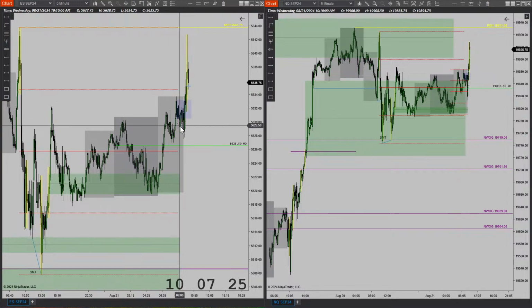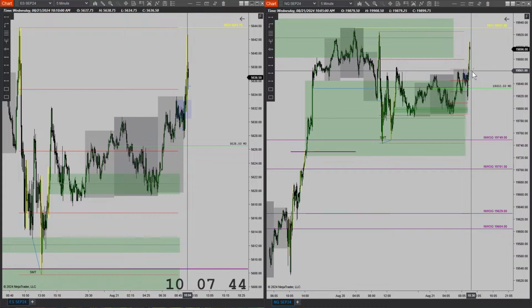And that's why journaling is important. This right here again is a mitigation block, and I had known this previous to yesterday, but I figured I'd write it down because yesterday I saw plenty of examples, to refresh my memory. Same thing here. This is actually a breaker block because it ran this low, and this would have been my entry here.